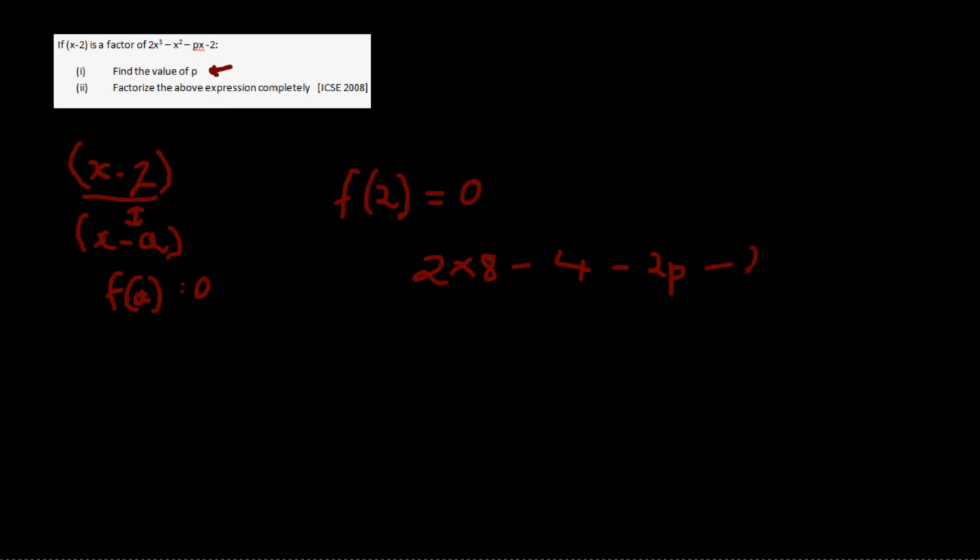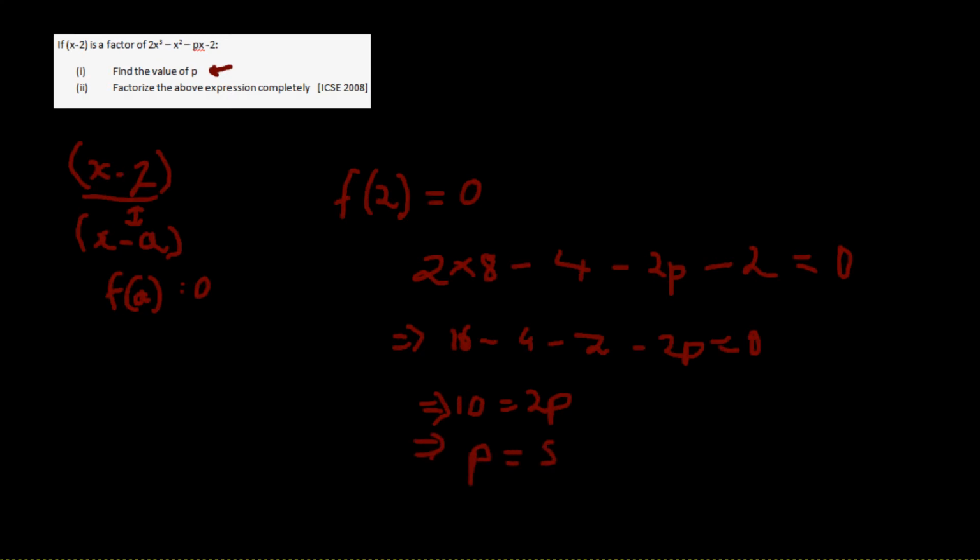So 16 minus 4 minus 2 minus 2p equal to 0. Just solve now. So you get 10 is equal to 2p. So p is equal to 5. So that's your first part done.